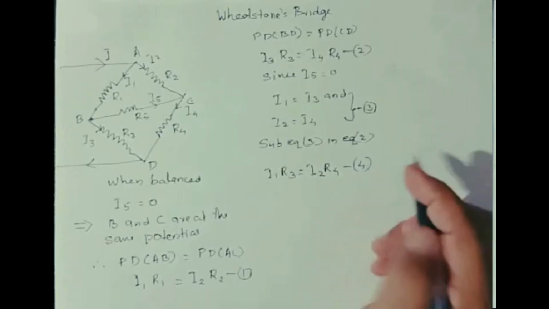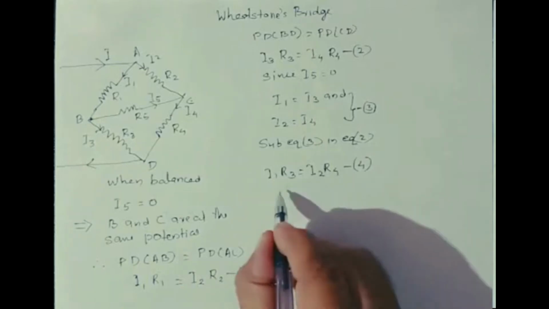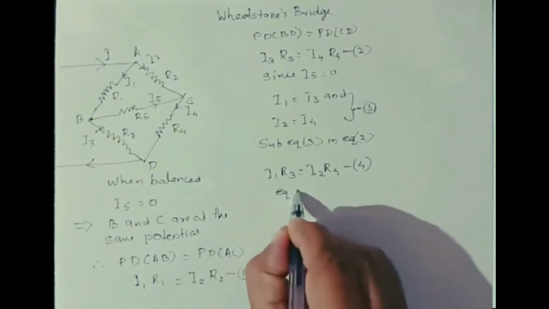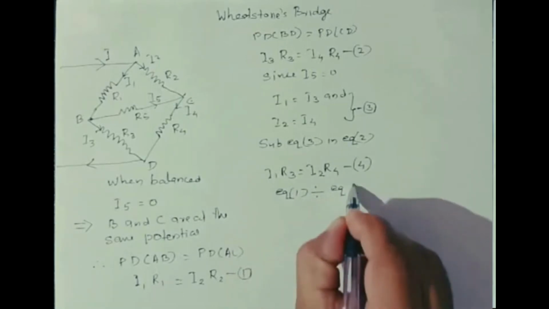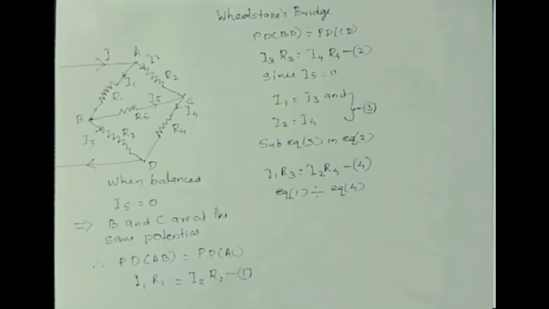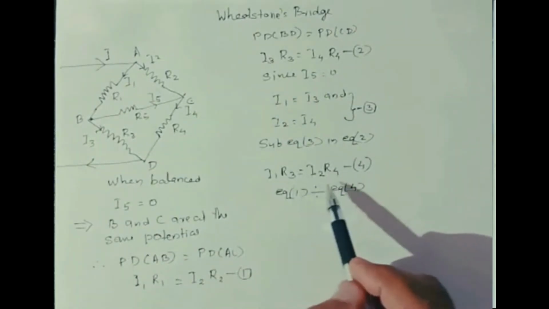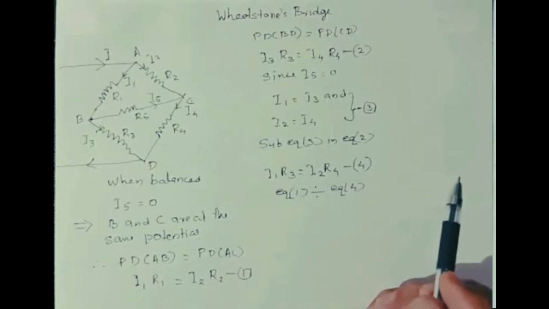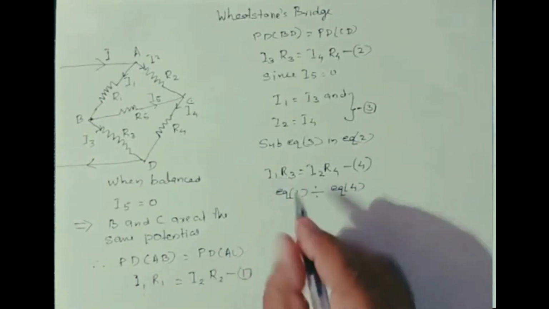Now, if you divide equation 1 by equation 4, in both the equations you have I1 and I2, so they get cancelled.